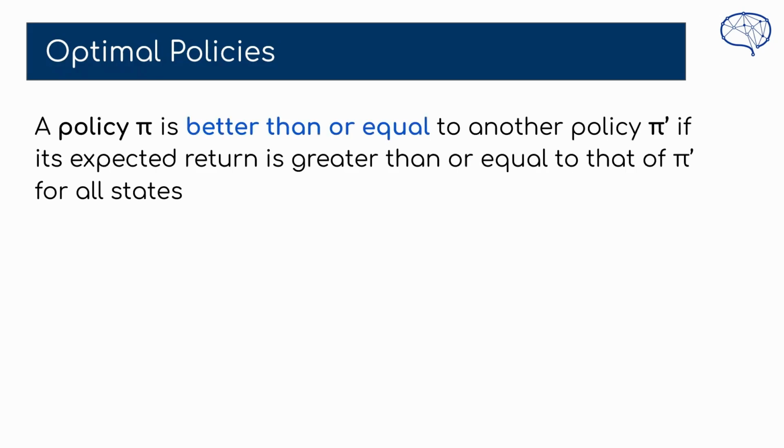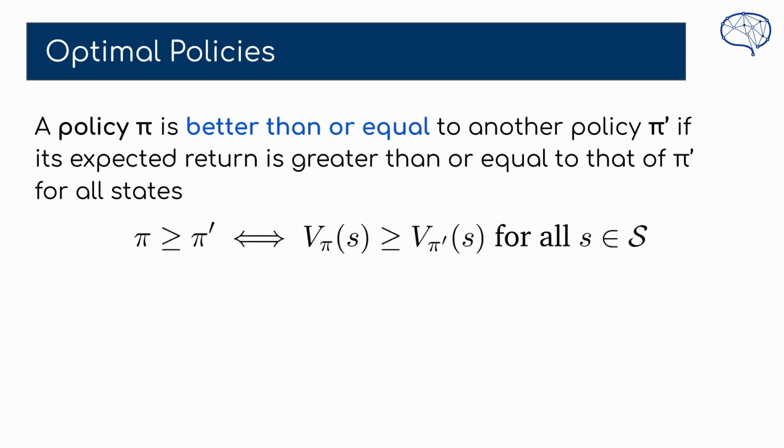Assuming we're in a finite Markov decision process, if we have a policy pi, we'll consider that policy to be better than or equal to another policy pi prime if its expected return is greater than or equal to that of pi prime for all its states. This might seem like a lot of words, so I simplified it into a couple of if and only if statements.